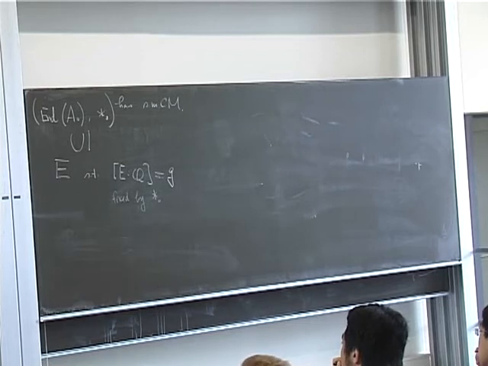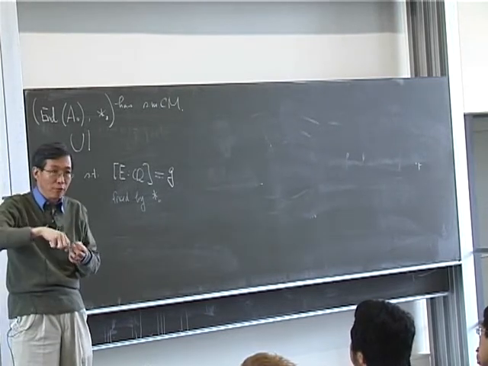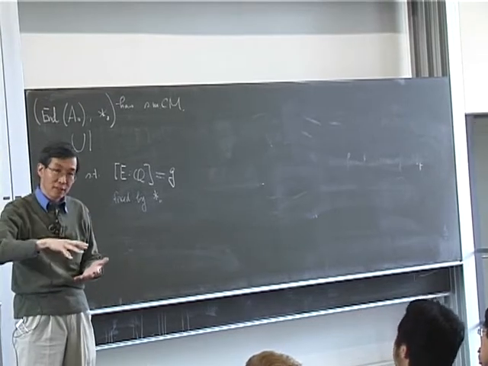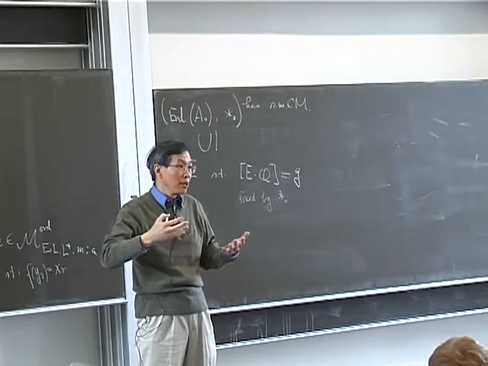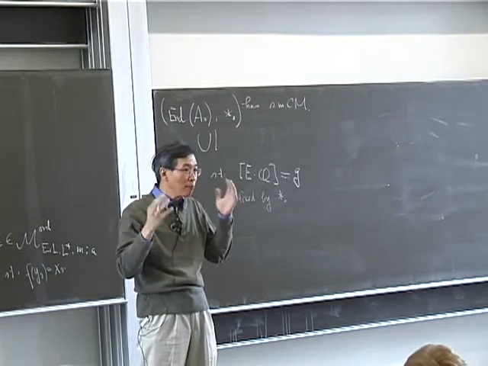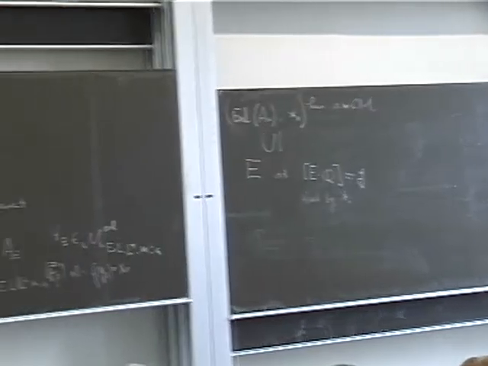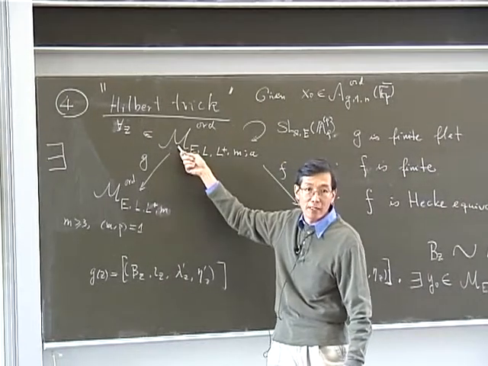You need to trivialize some level structure, namely some finite torsion groups, both possibly prime to p and also possibly divisible by p, but by a bounded amount. So you trivialize that. Geometrically that means that you go to a finite cover.